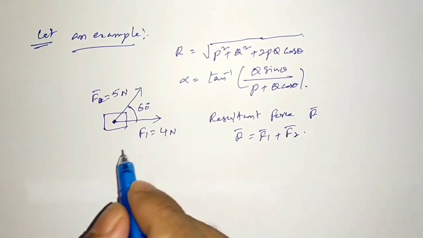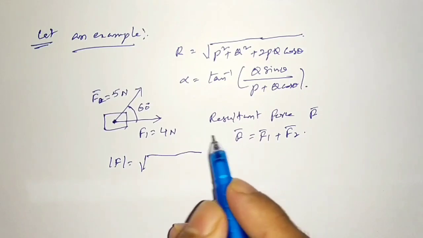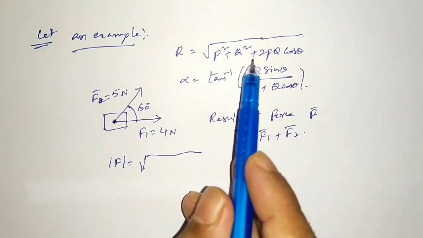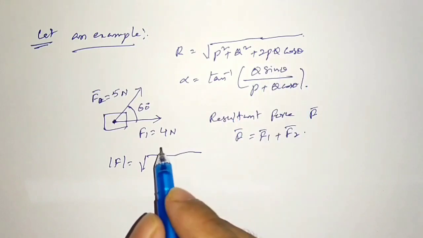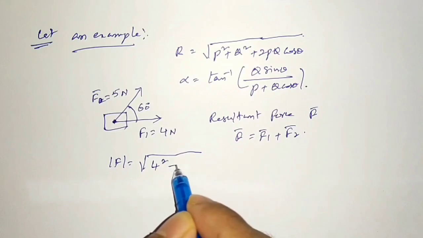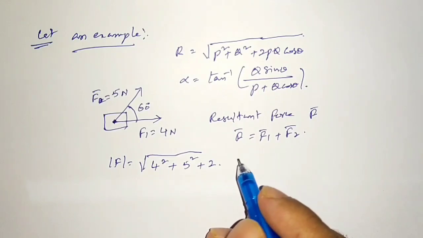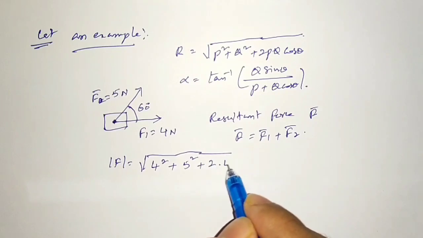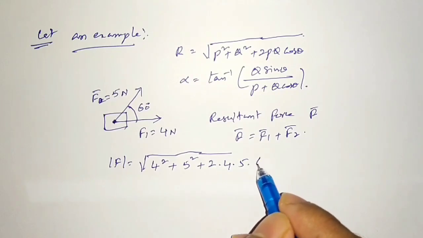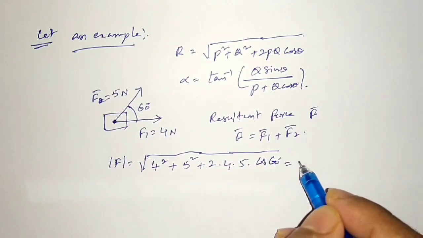Then what is the magnitude of F now? Root over F1 square plus F2 square plus 2 F1 F2 cos theta. Yes or no? So F1 square is 4 square plus F2 square 5 square plus 2 into F1 F2, so 4 into 5 into cos theta, cos 60 degrees. That is equal to how much?